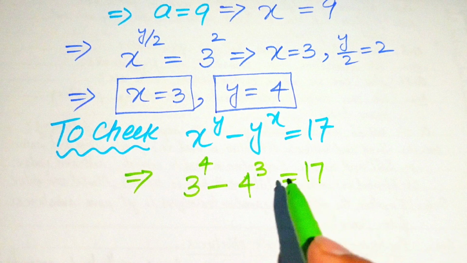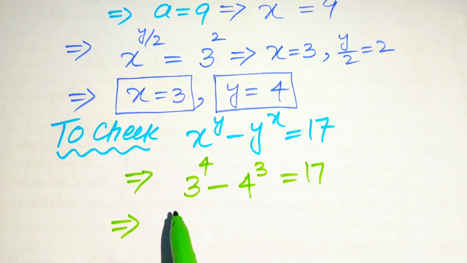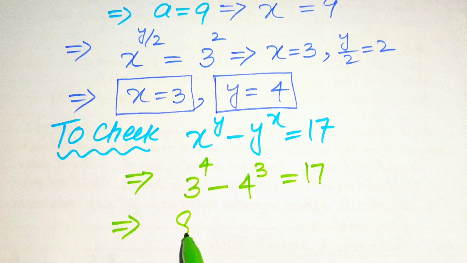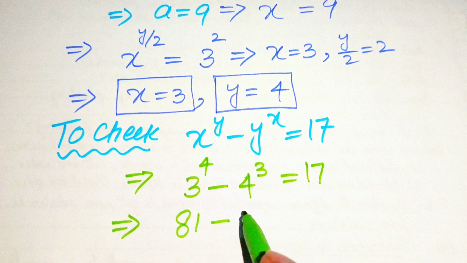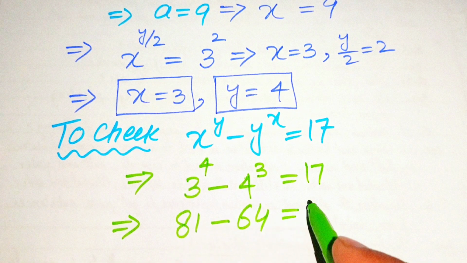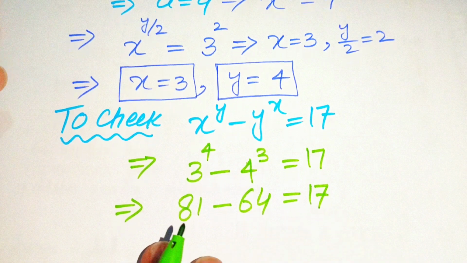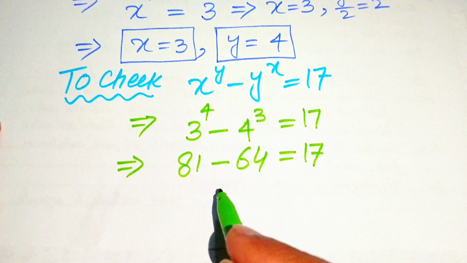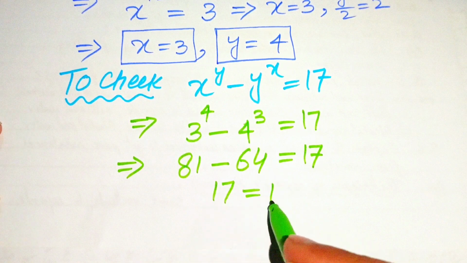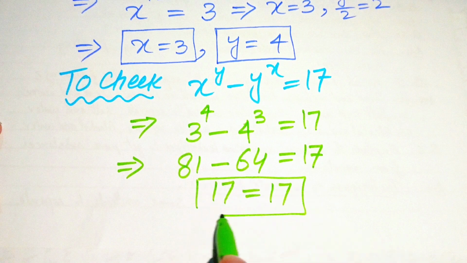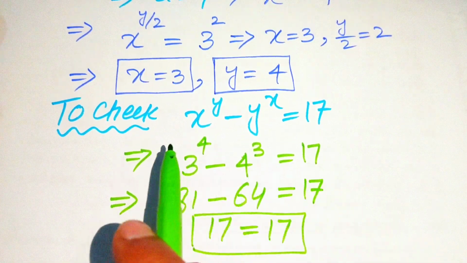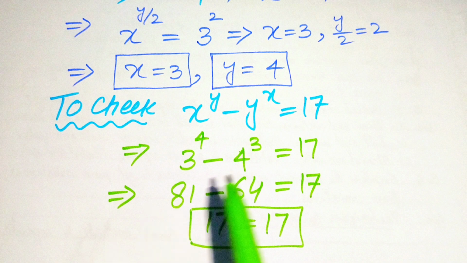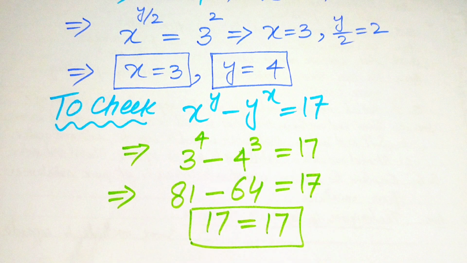We know that 3 to the power of 4 equals 81, and 4 to the power of 3 equals 64. When we subtract these two values, you get 17 equals 17. So this shows that x equals 3 and y equals 4 satisfy the given question statement. This is the final answer.